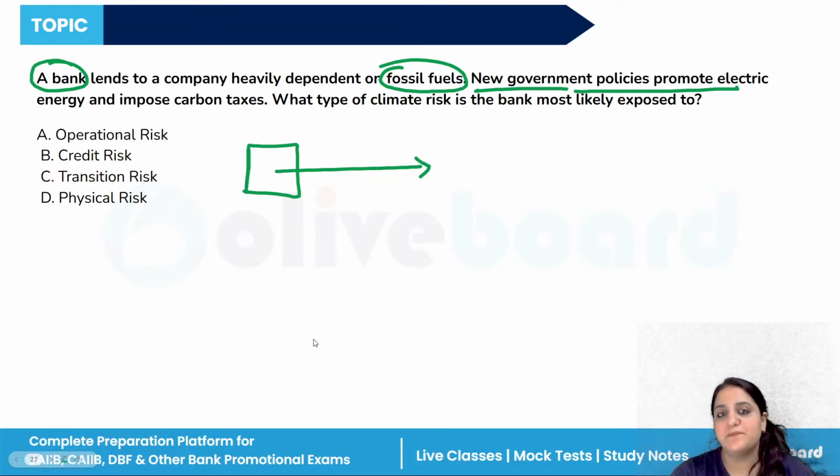Because we have two types of climate risk, right? So, give the answer for this option.